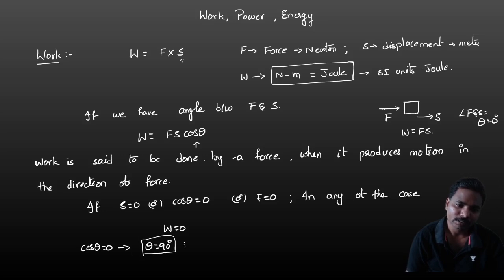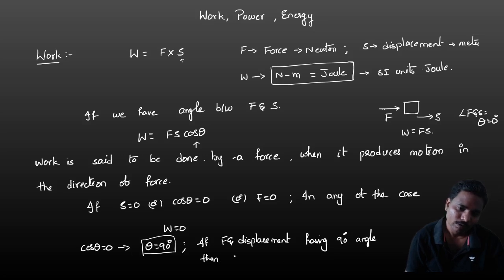So if force and displacement have a 90 degrees angle between them, then work done is equal to 0. All of you clear?